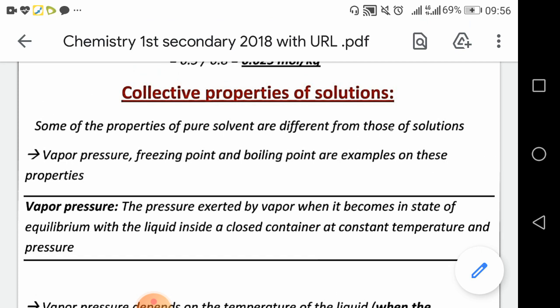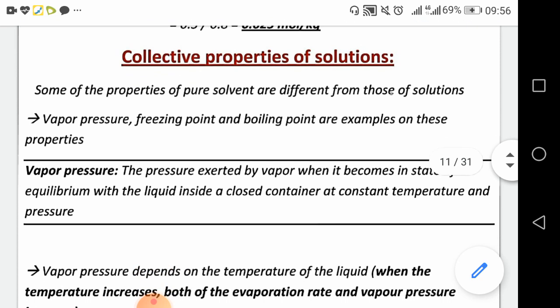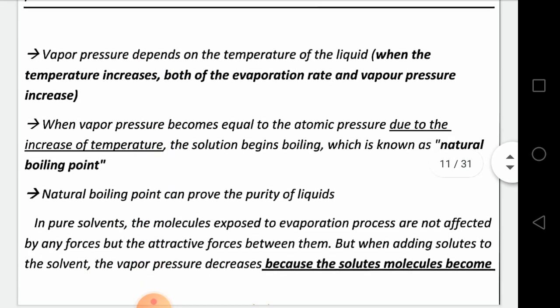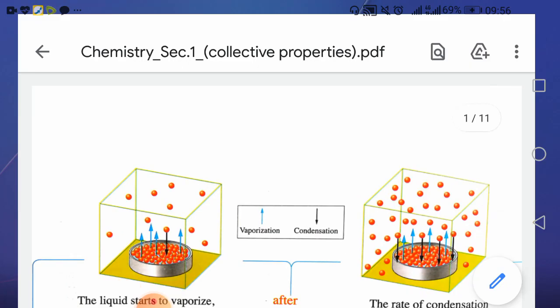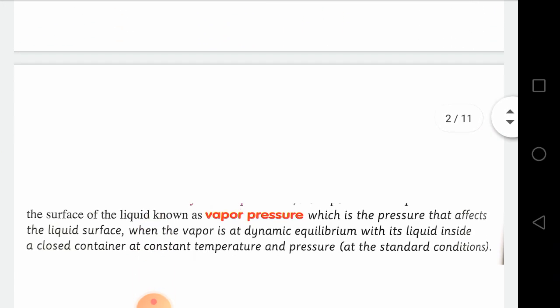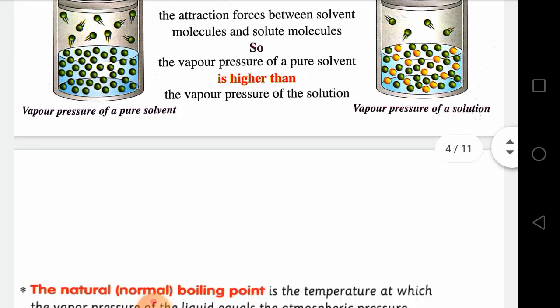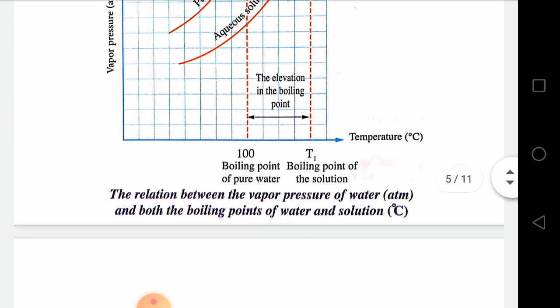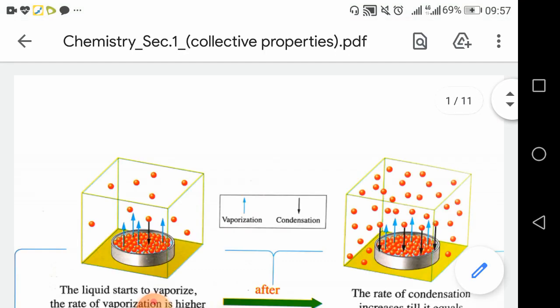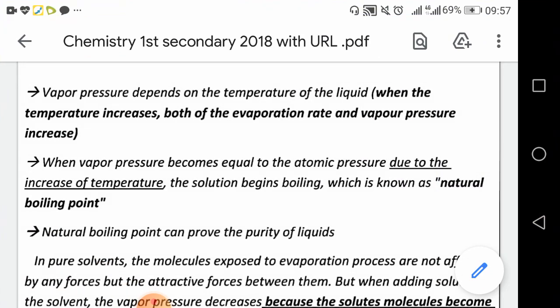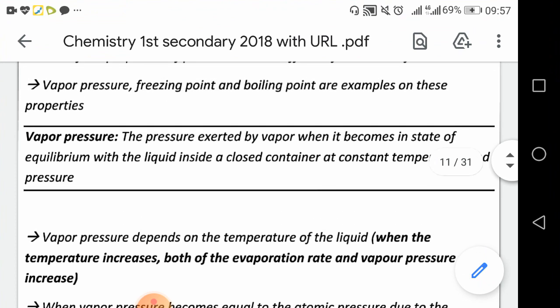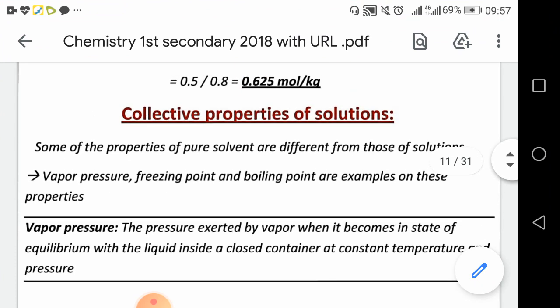Again, to define the colligative properties, remember that they are the properties which depend on the number of particles of a substance, not on the type of these particles.